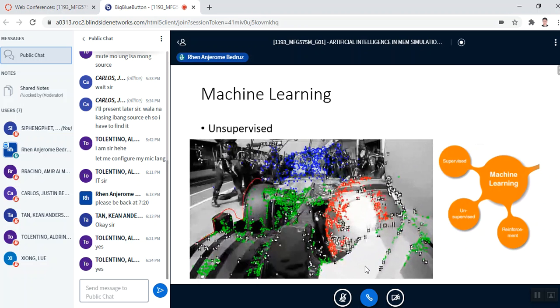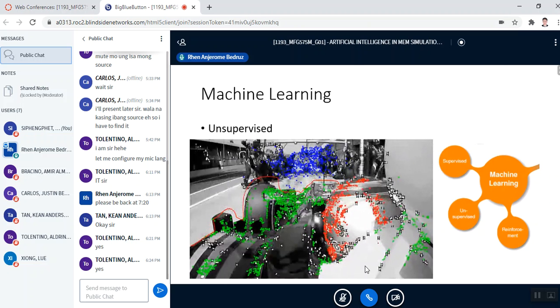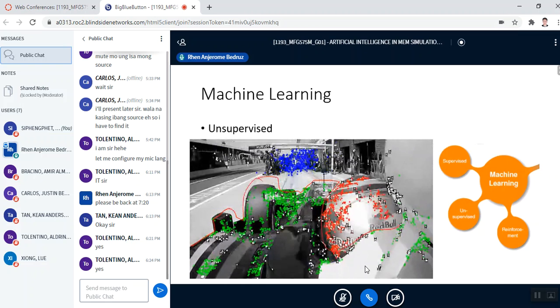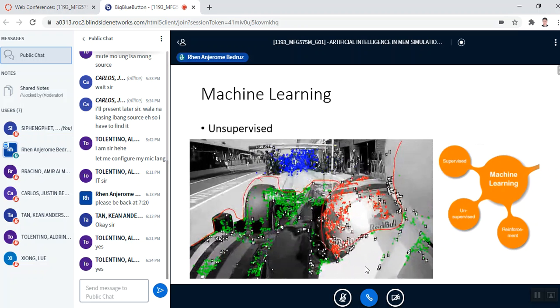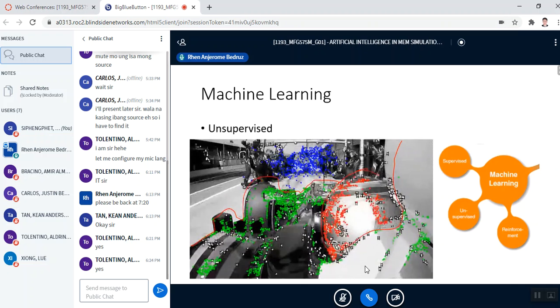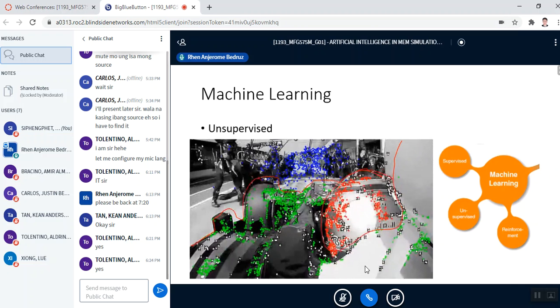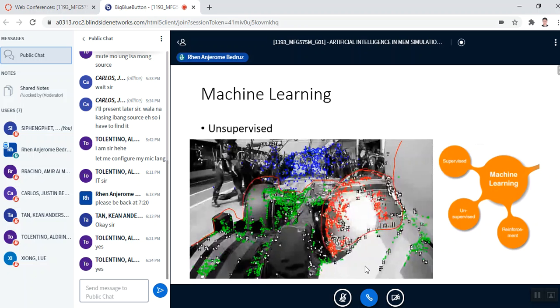In this case, the green boxes look the same or have the same color, so the green boxes are grouped together. Therefore, that's one group. And then there is a red group that has a different movement compared to the green ones, so this is another group.